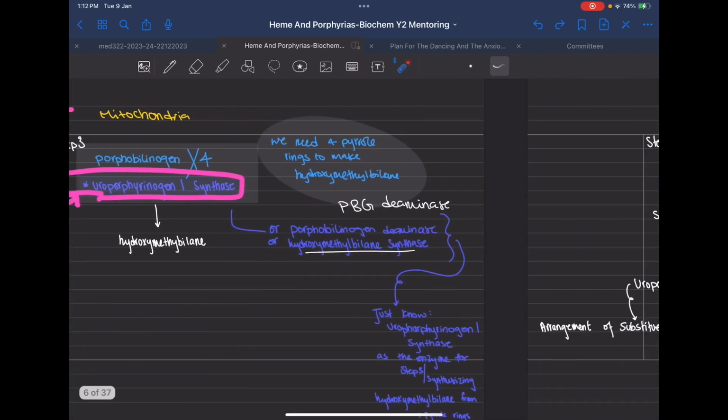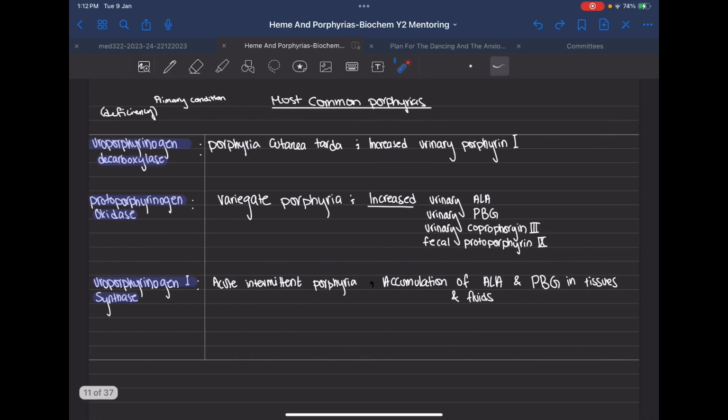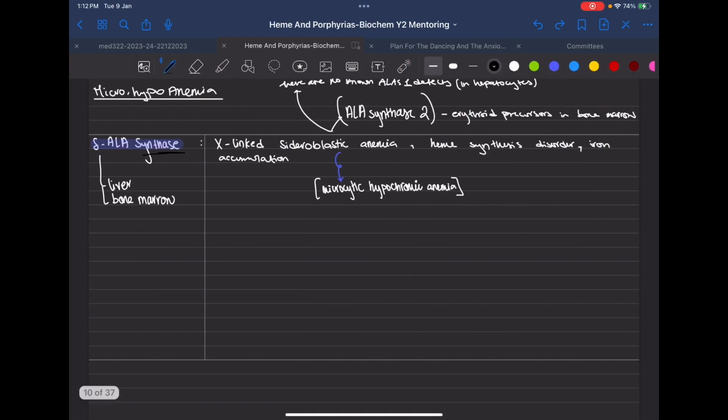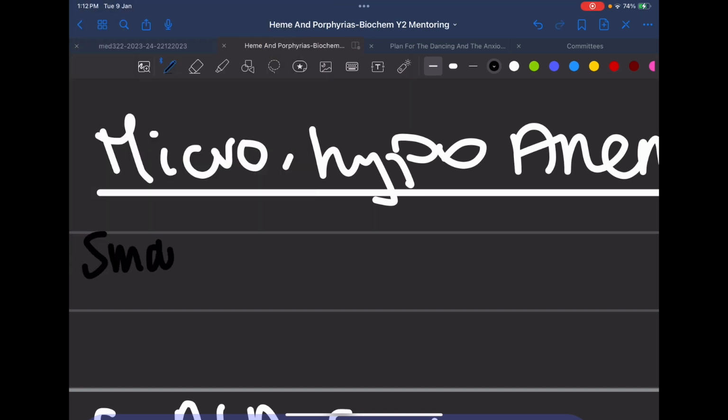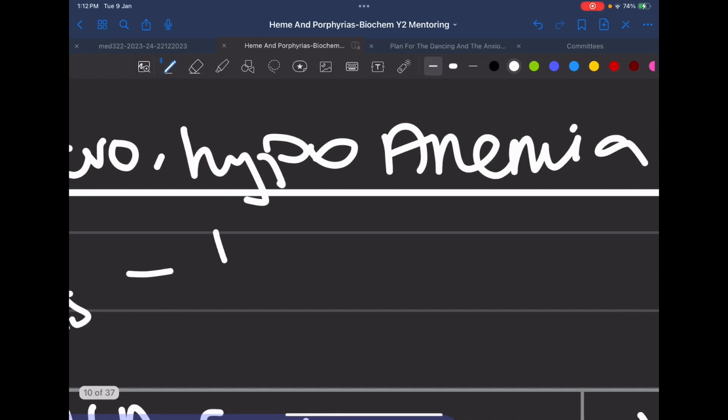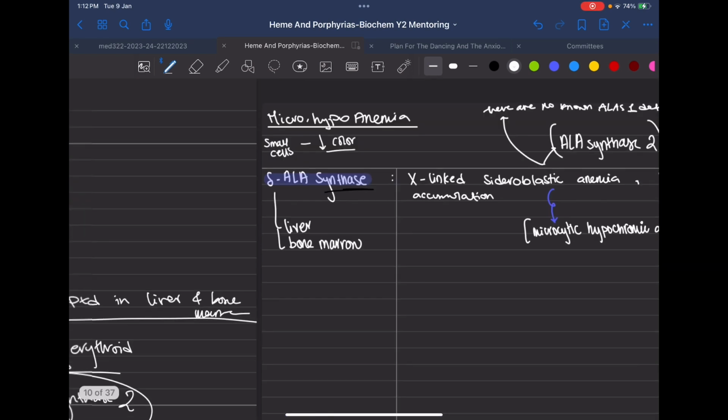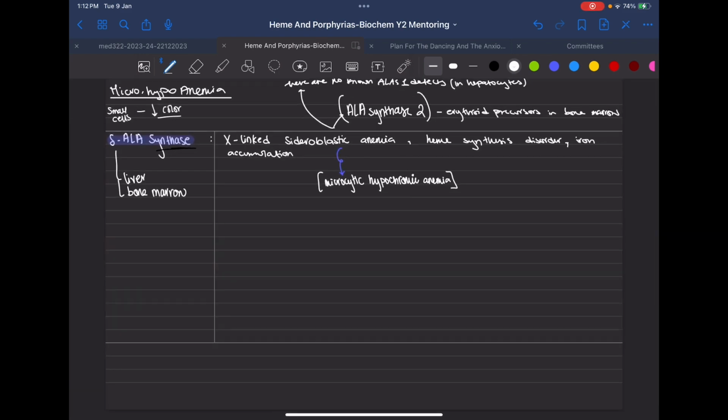Now, why microcytic hypochromic anemia? So let's break down what that word actually means. Microcytic, micro meaning small cells, hypo meaning low, chromic meaning color, anemia. Heme is what gives our red blood cells their red color, just like chlorophyll gives plants their green color.